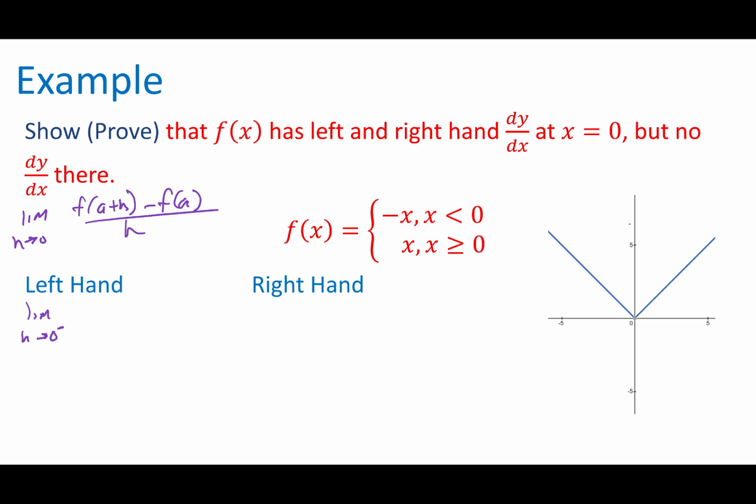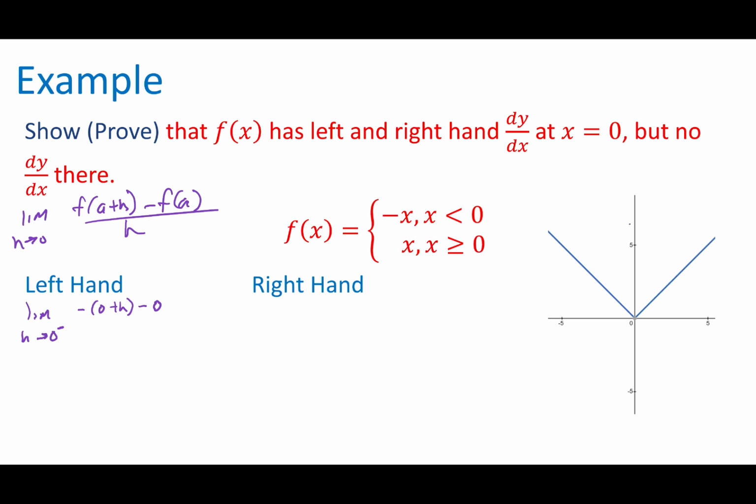So we're going to have our negative x. Well, x is really a plus h, so it's a negative of a plus h minus f of a. The actual value there is 0. And instead of a, let's actually put in our 0, because we're going to evaluate this at 0.